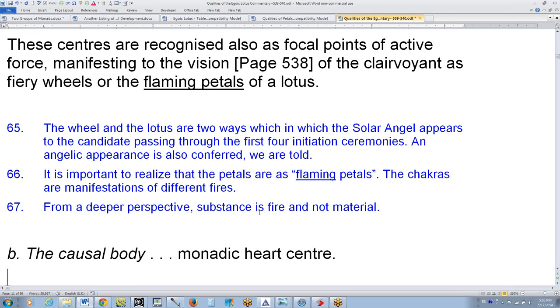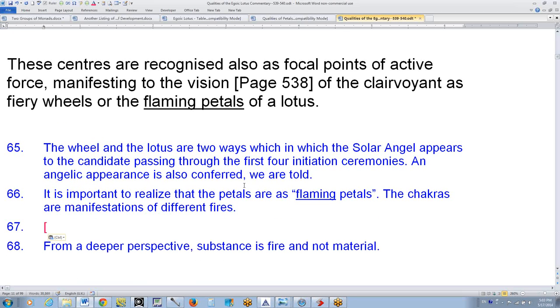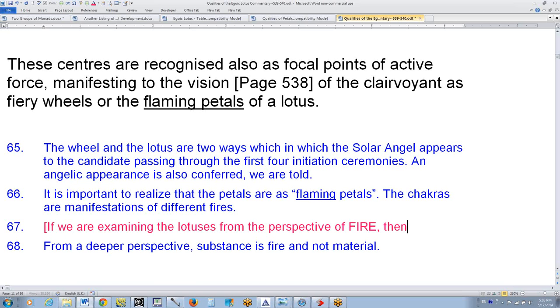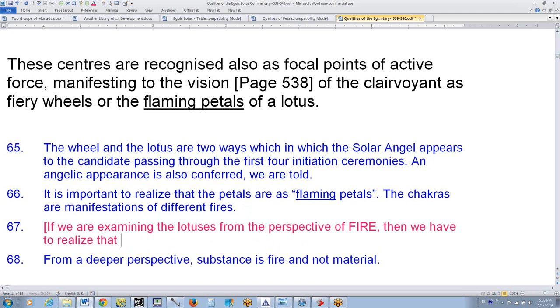So it's important to realize that the petals are as flaming petals. And we've been talking about fire here. The chakras are manifesting in different fires. So if we are examining the lotuses from the perspective of fire, then we have to realize that the petals are fire as flaming petals.